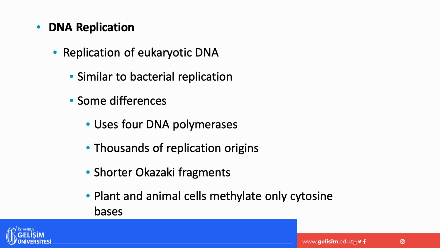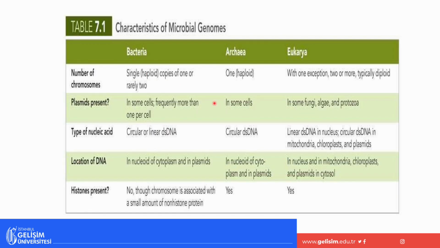In addition to that, in eukaryotic cells, cytosine bases are methylated, while in bacterial cells, adenine bases are methylated. So again, over here, this table is going over some of the differences that we'll observe in genomes amongst bacteria, archaea, and eukarya.